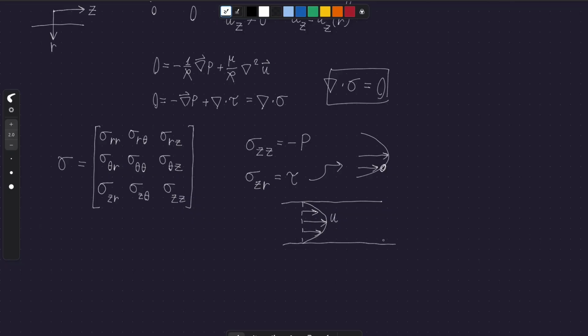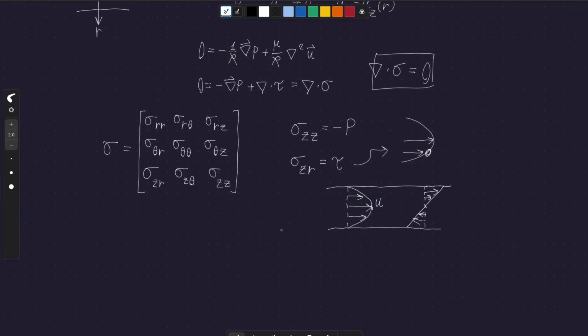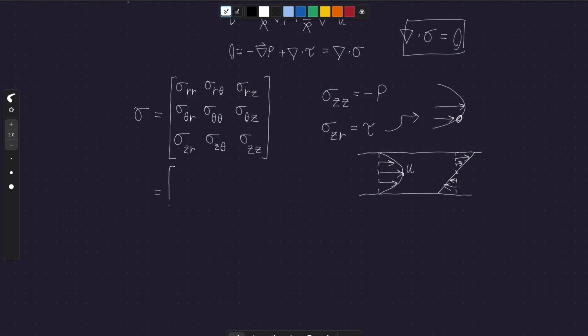And the shear would look something like this. Because the velocity is 0 in the middle, there's no shear there, which is going to be useful for later. Okay, so knowing this, we can rewrite our tensor, our matrix, like this.